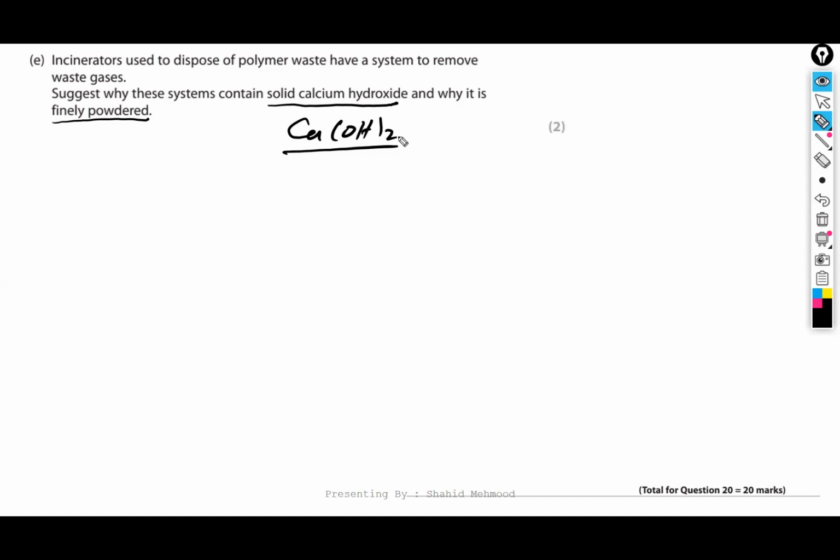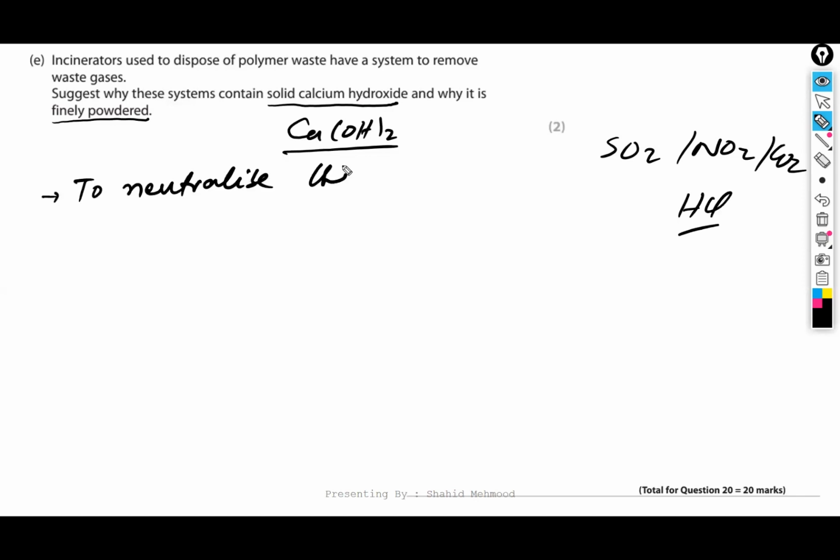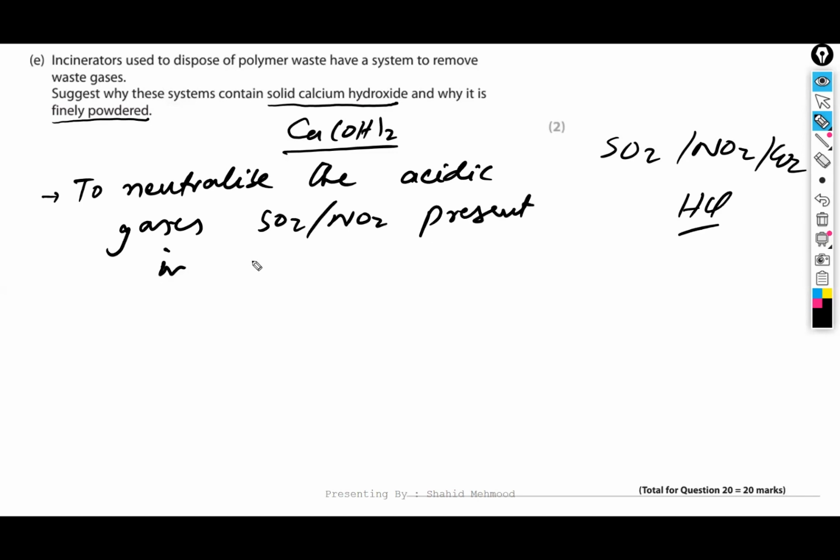When we are burning polymer in the incinerator, gases are released, and the most common gases could be sulfur dioxide, nitrogen dioxide, carbon dioxide. If there is chlorine, also hydrogen chloride. All these are acidic, and this is alkaline. So to neutralize the acidic gases, you can give one or two examples like SO2 and NO2, which are very commonly present in waste gases.